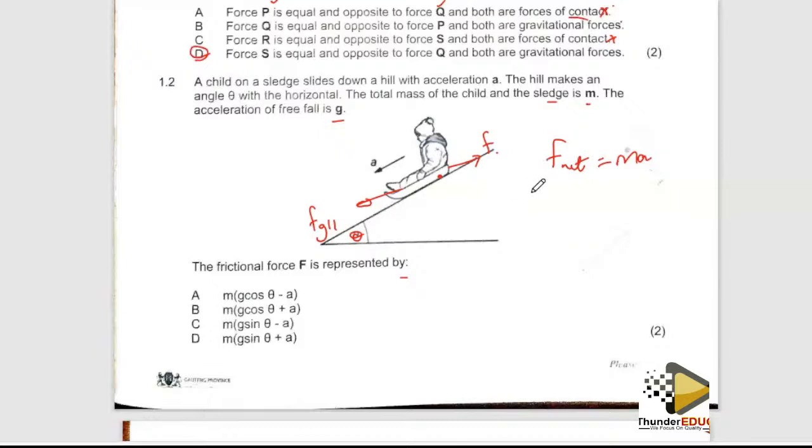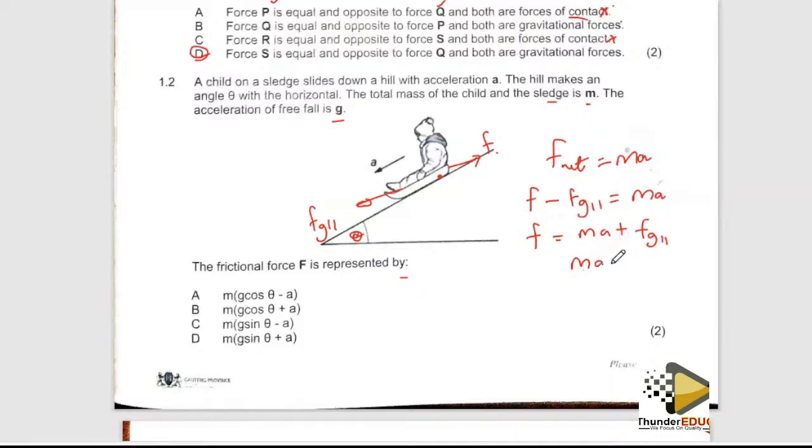So if I get my frictional force minus my F_g parallel, it must get ma. When I move the F_g parallel that side, it is going to be ma plus F_g parallel.